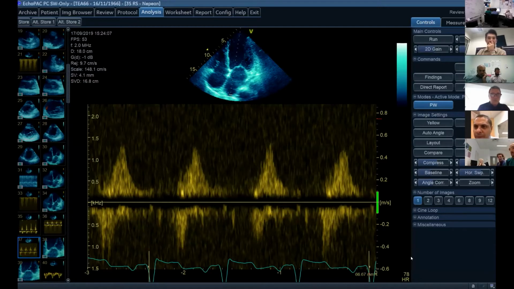This is pulse wave Doppler, and sorry if you can't see it well, but this is where the gate is, across the pulmonary veins. And it's revealing here that the jet is actually reaching the pulmonary veins with some retrograde flow across the pulmonary veins.